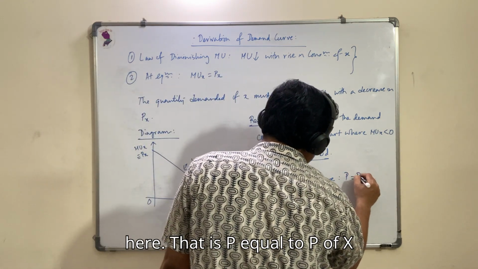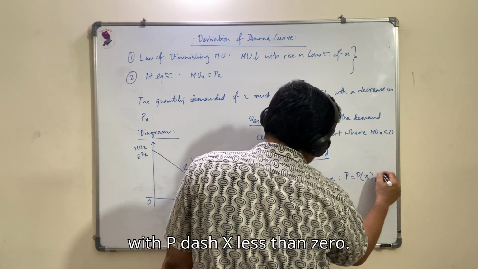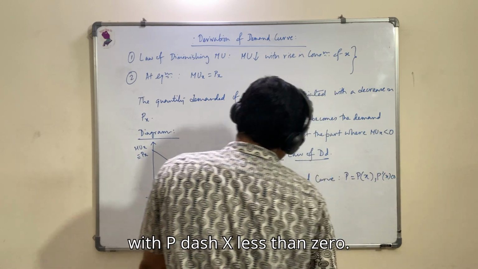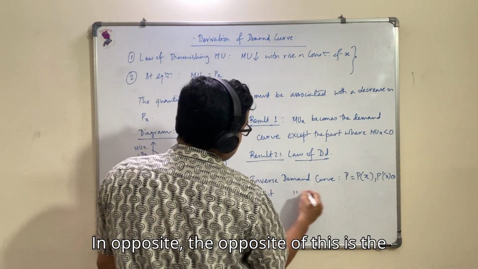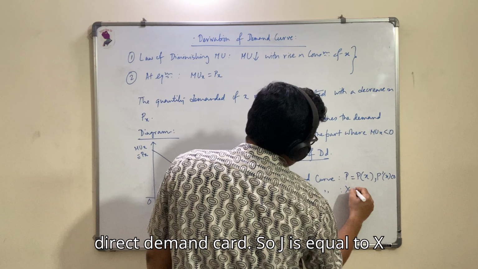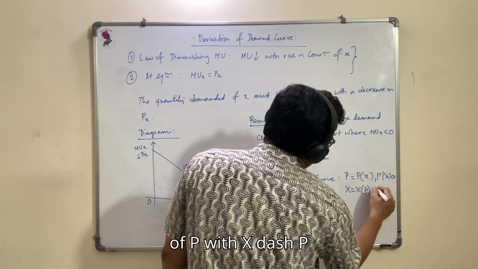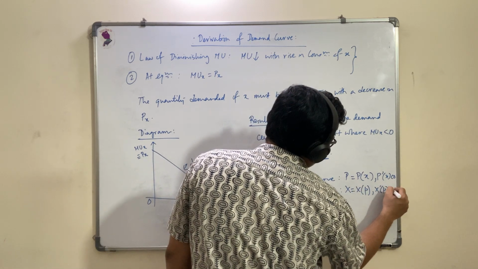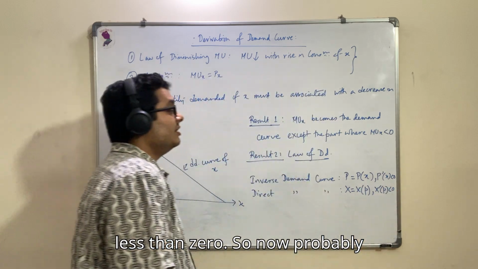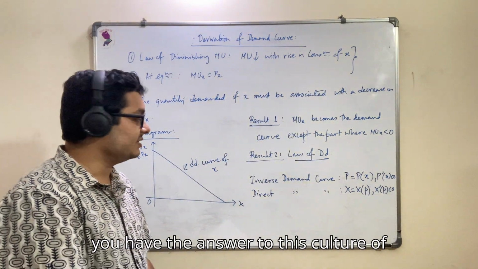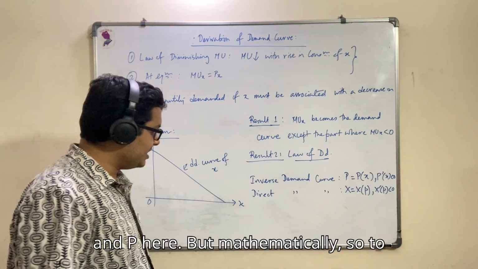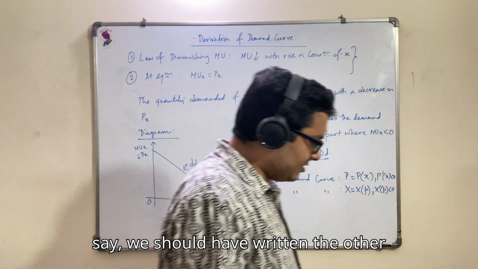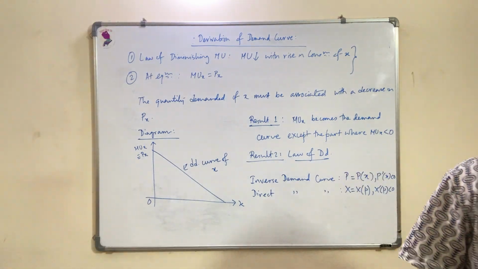That is P equal to P of X with P dash X less than 0. And the opposite of this is the direct demand curve, which is X equal to X of P with X dash P less than 0. So now probably you have the answer to this culture of ours where we write X here and P here, but mathematically, so to say, we should have written the other way.